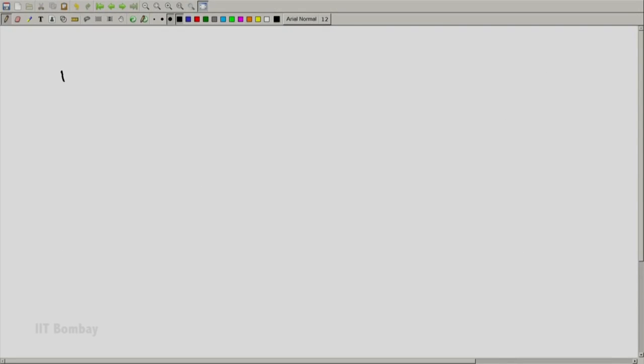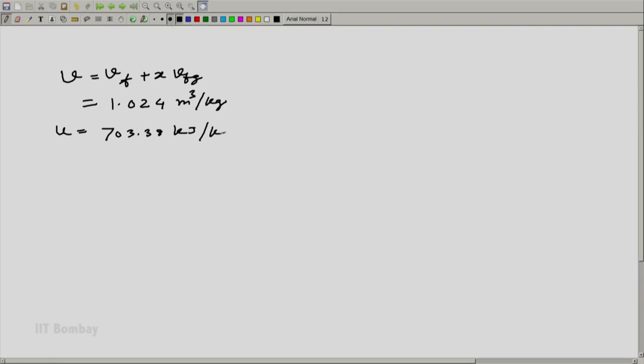So I get v equal to vf plus x times vfg. If I put these values, I will get 1.024 meter cube per kg. I get u equal to 703.38 kilojoule per kg, and s equal to 2.24 kilojoule per kg Kelvin.